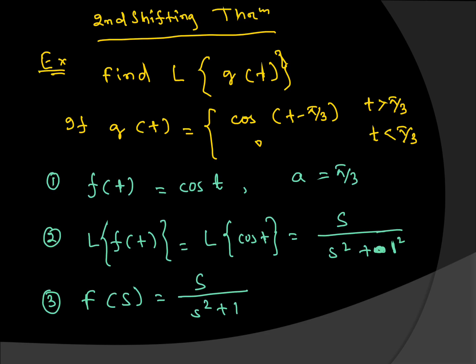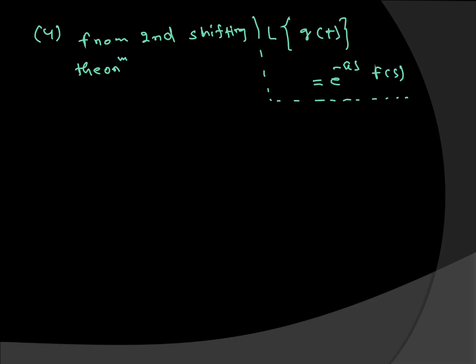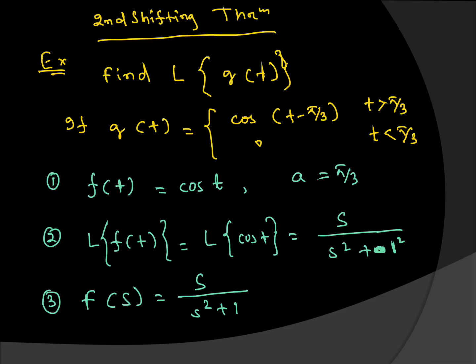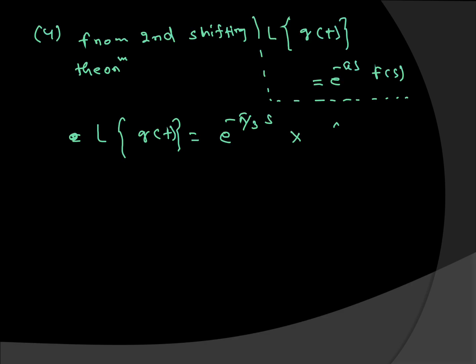Then in step 4, from the second shifting theorem, we know L of g of t is e to the power minus as F of s. So here a is pi by 3, e to the power minus pi by 3 s, into F of s, which we got as s by s square plus 1.